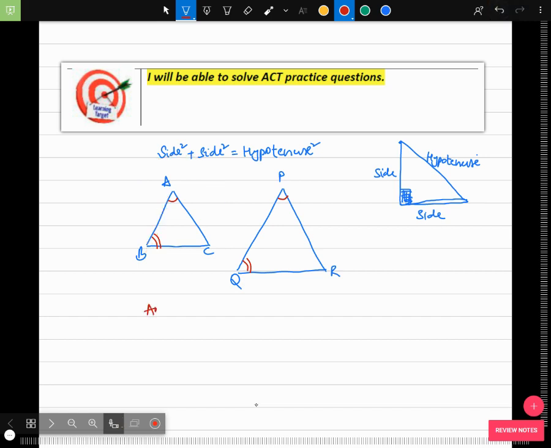Therefore, AB over PQ is equal to AC over PR, which equals BC over QR. So mainly we are going to use these properties. Well, let's go to the next page.